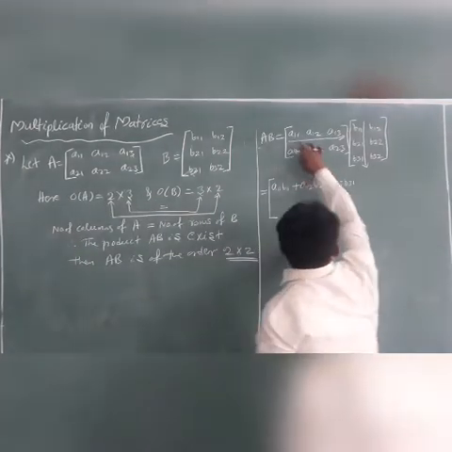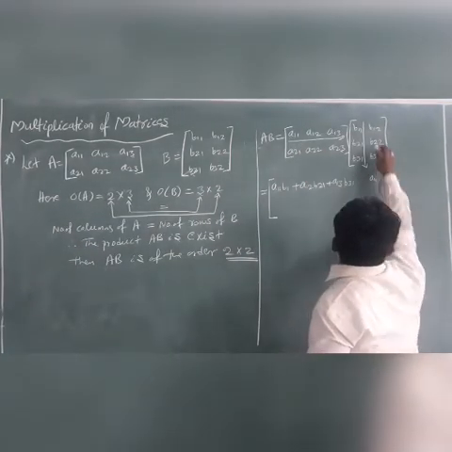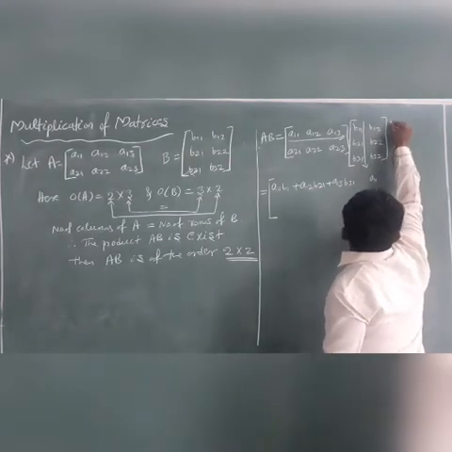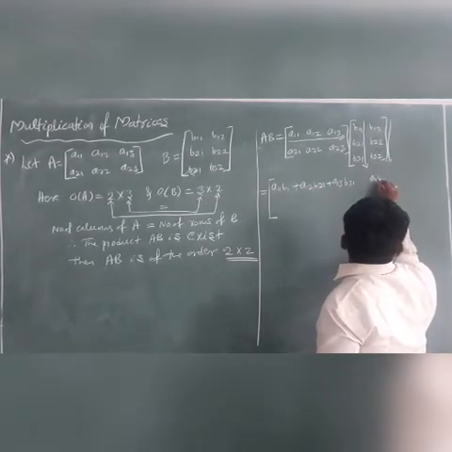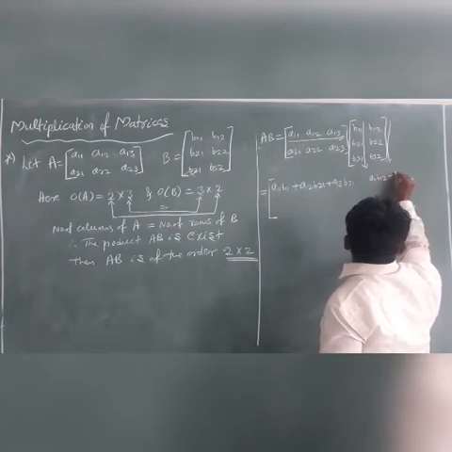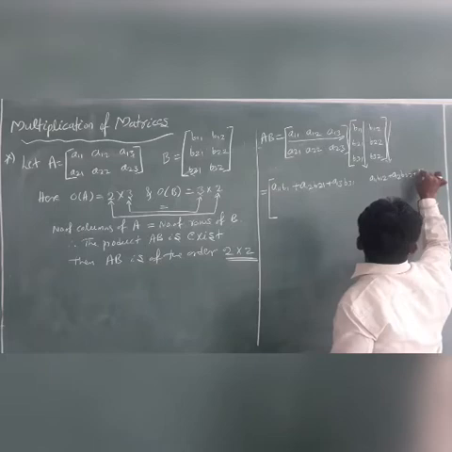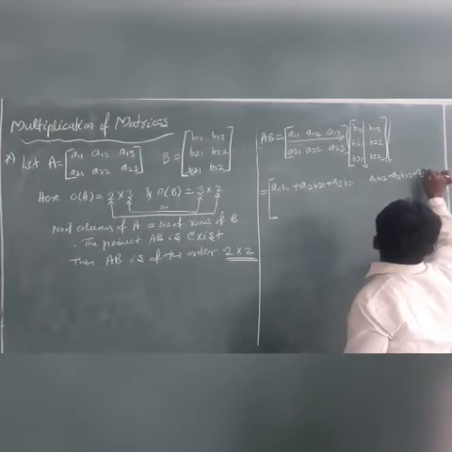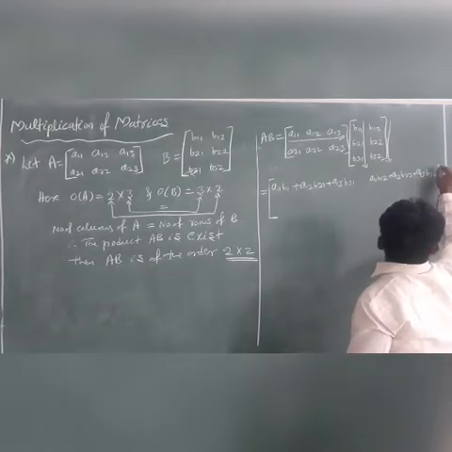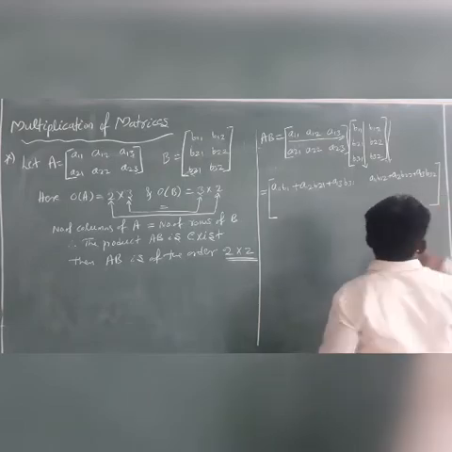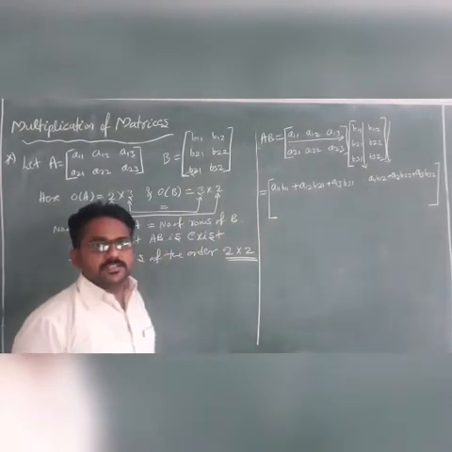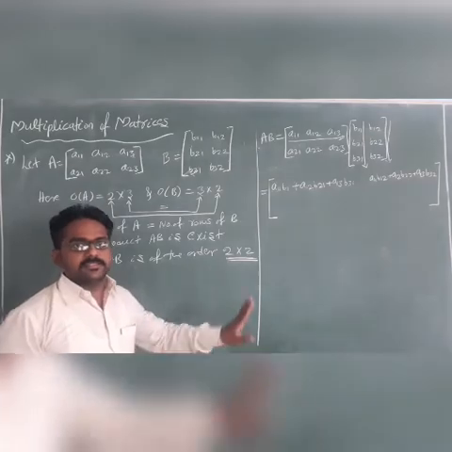Next, A11 into the second column element B12 plus A12 into B22 plus A13 into B32. This is the first row, second column element.